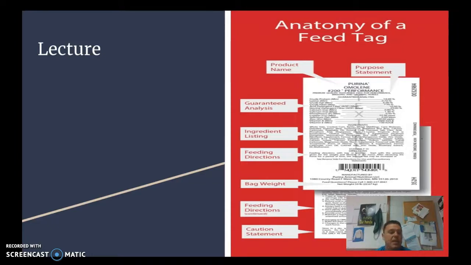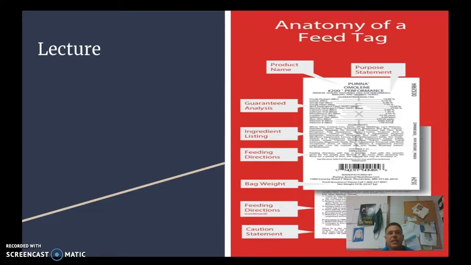Then comes some meat. This particular meat is what we will spend a lot of time trying to learn in the next couple weeks, and it's the guaranteed analysis. That guaranteed analysis is based on regulations of the government and also studies done by universities that say these are the minimums that we need to have for certain diets.